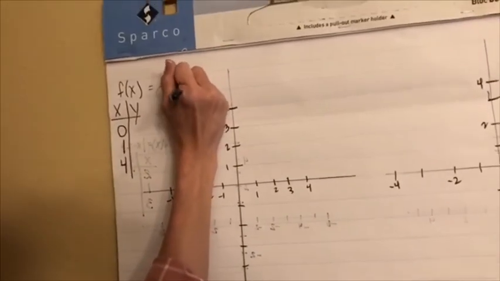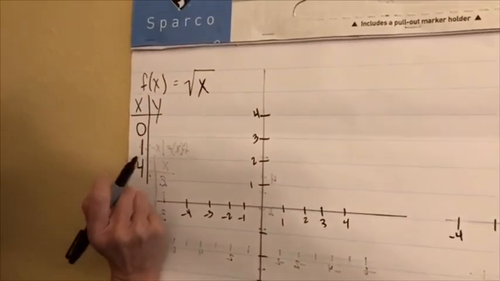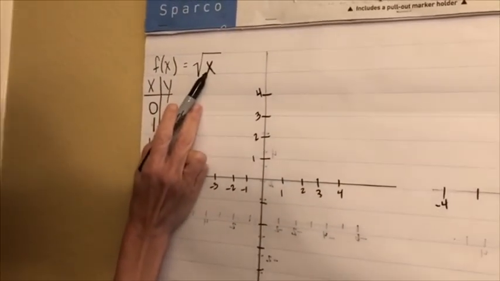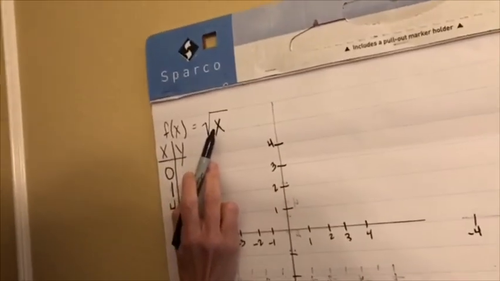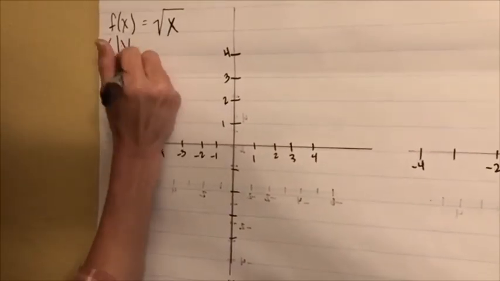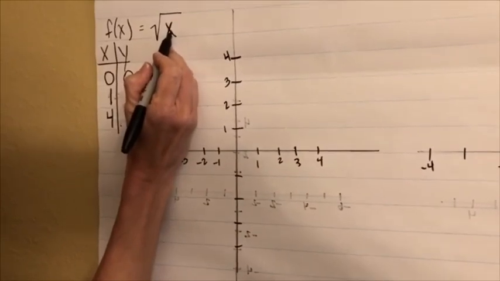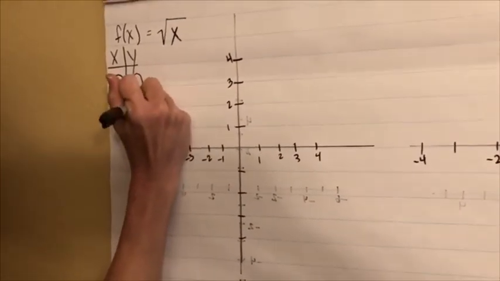Okay, so what if we have a function that looks like this? F of x equals the square root of x. So in this case, we want to be careful about what we choose for x. All right, so when x is 0, y is 0. What's the square root of 1? 1.